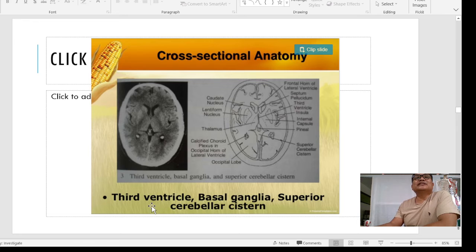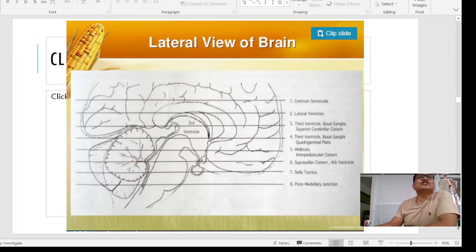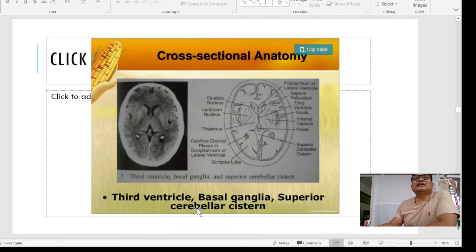Then you have your third ventricle. So at the third ventricle, where is the cut? This is the level of the brainstem. Brainstem. So here we can find this one. This is the frontal.